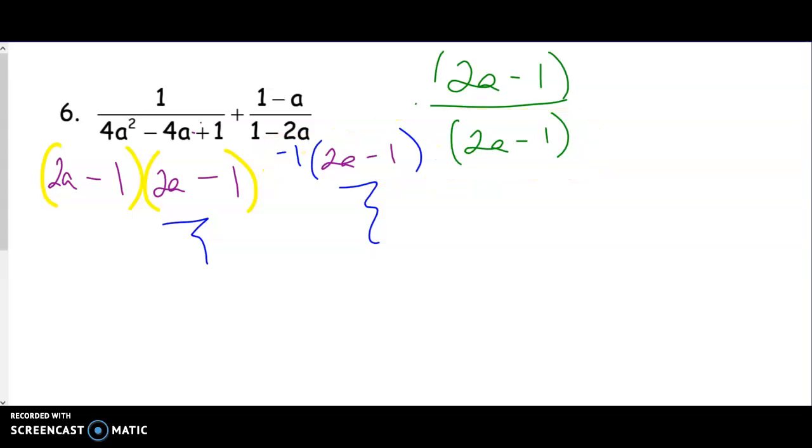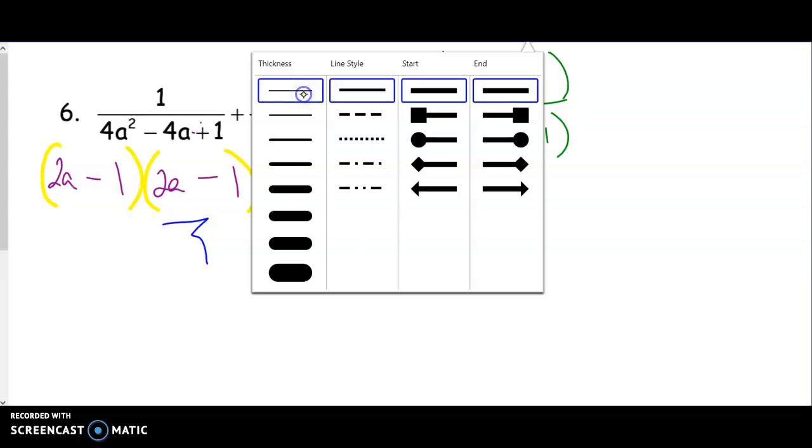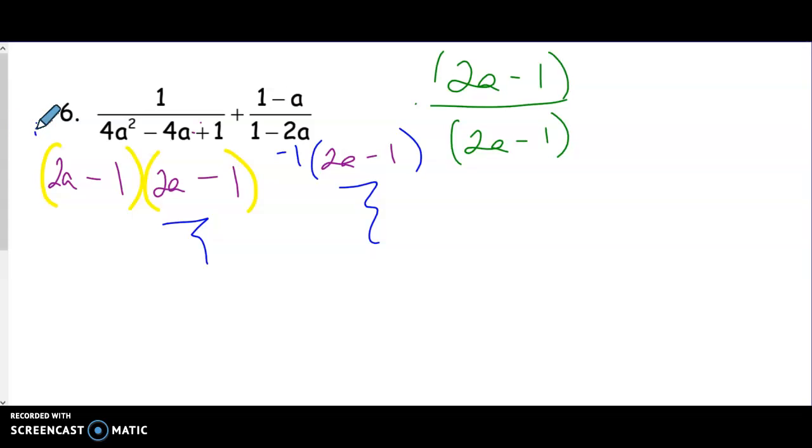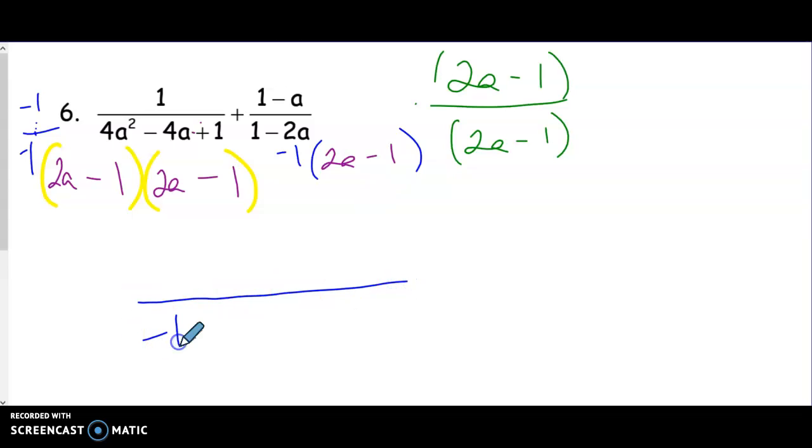So the other fraction is missing a negative 1. For this guy, let's multiply by negative 1 over negative 1. They will now have the same denominators, which will be negative 1 times 2a minus 1, 2a minus 1.